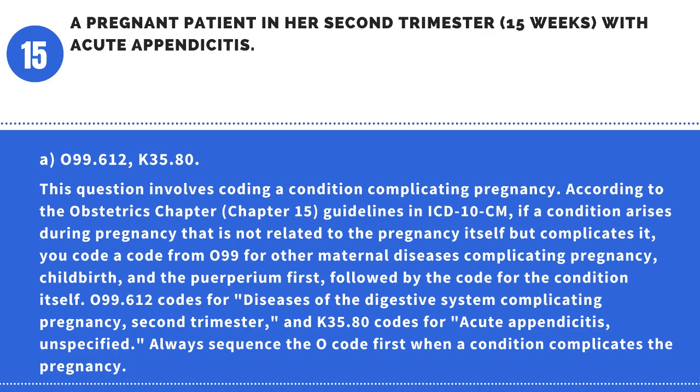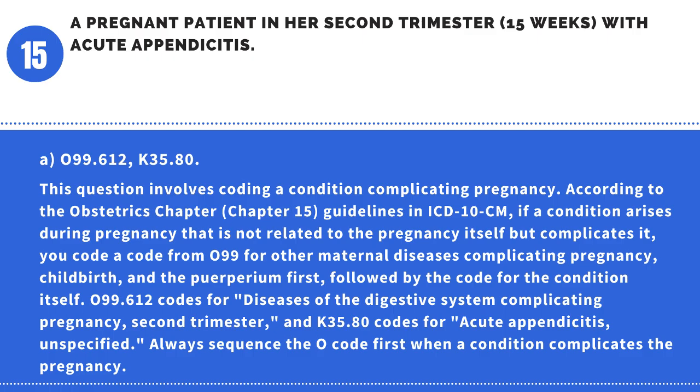Answer: A. O99.612, K35.80. This question involves coding a condition complicating pregnancy. According to the Obstetrics Chapter, Chapter 15, guidelines in ICD-10-CM, if a condition arises during pregnancy that is not related to the pregnancy itself but complicates it, you code a code from O99 for other maternal diseases complicating pregnancy, childbirth, and the puerperium first, followed by the code for the condition itself.